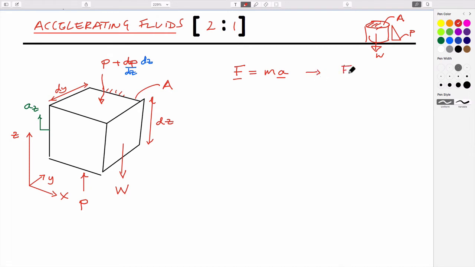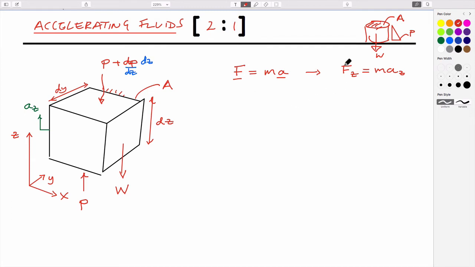One of these components is that the force applied in the z direction has to equal the mass multiplied by the acceleration in that z direction. If we wrote it out in longhand, it would be Fx, Fy, and Fz with the appropriate accelerations. We're only interested in this one.